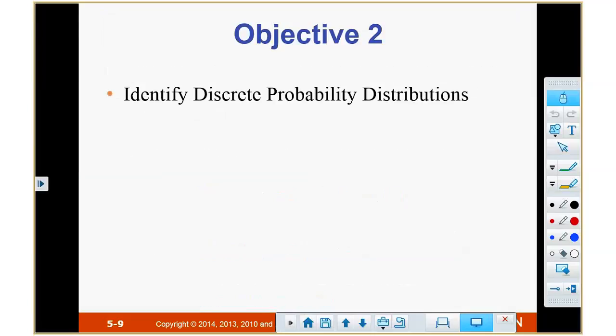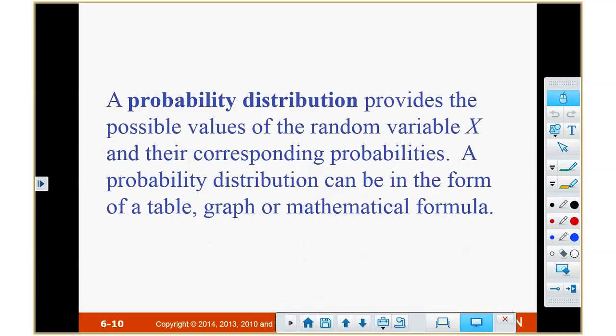Okay, what happened there? Identify discrete probability distributions. A probability distribution, I showed you a picture of it on the board, provides possible values of random variable x and their corresponding probabilities. That's all you need to write. Okay? It can be in the form of a table.